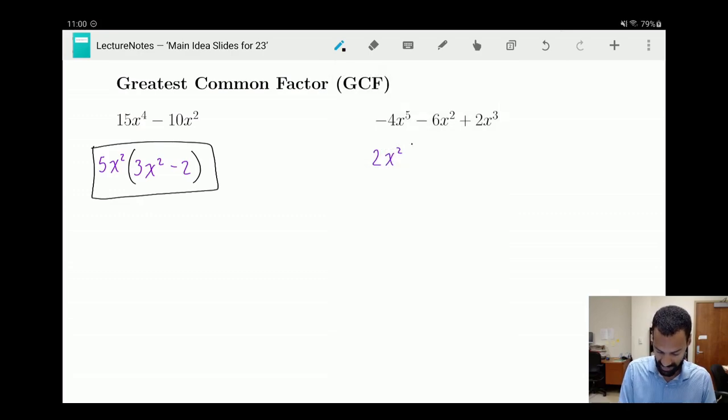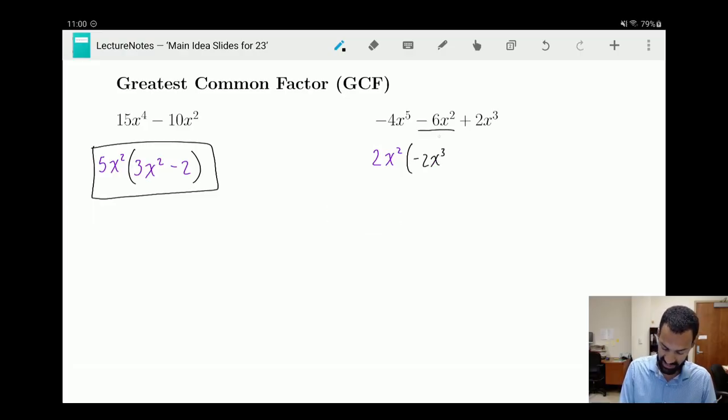Okay, so now let's divide everything by 2x to the second power. So negative 4 divided by 2 is negative 2. X to the 5th power divided by x squared, 5 minus 2 is 3. X to the 3rd power.